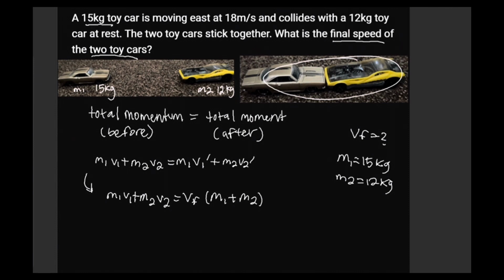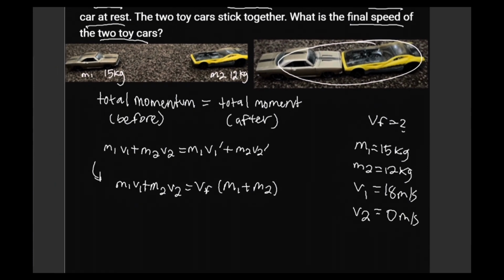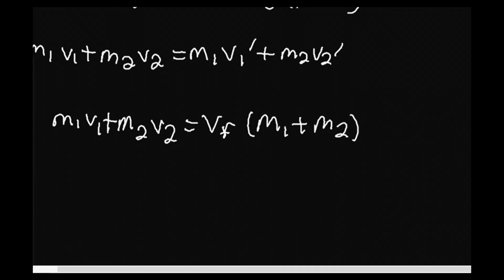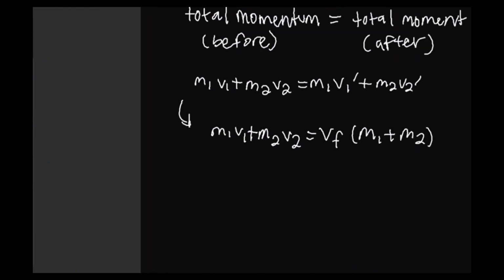V1 is going 18 miles per second, and our second velocity is at rest, so it's 0 miles per second. So with that said, let's plug everything into our formula so we know what we have.